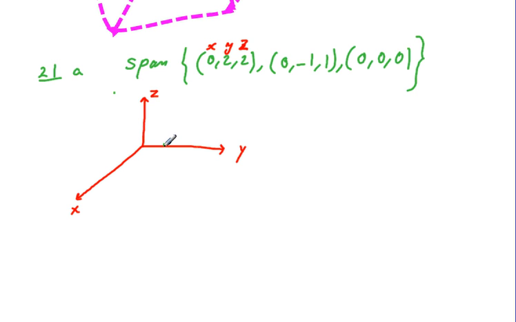So 2 and 2. This is the point, and this is going to be the vector that corresponds to (0, 2, 2). So I have no x, y is 2, z is 2. The other one, let's say this is (0, -1, 1). So my y is minus 1, I'm going back, and my z is 1.